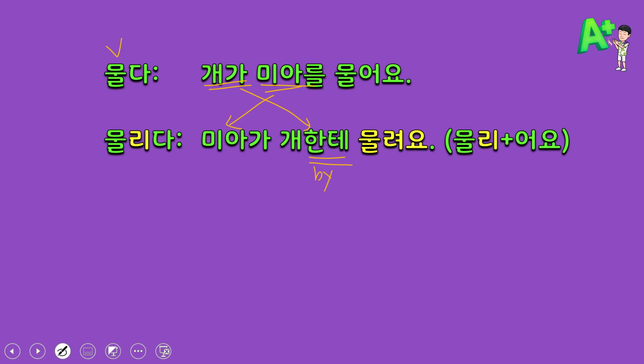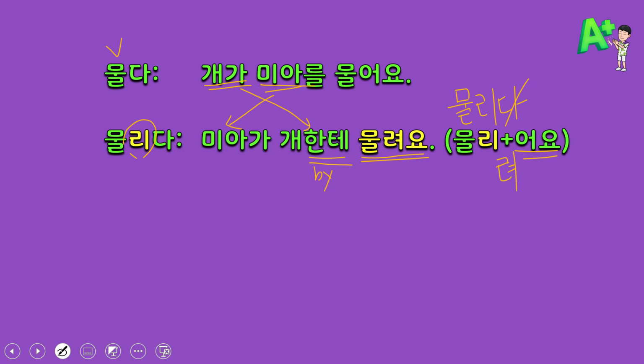Then the verb becomes the passive form. 물어요 became 물려요. So 물리다, and you drop 다, so 물리다 is the passive form, but you need to conjugate this into the polite ending 어요 and 아요, right? So you drop 다, then put 어요, so it becomes 물려요.